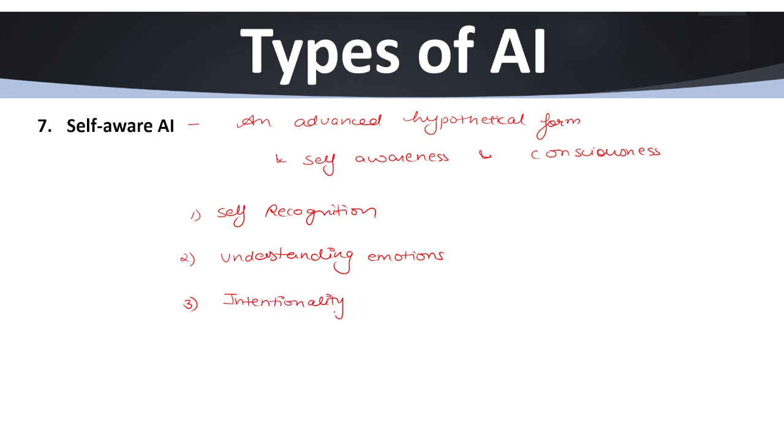It includes the ability to set goals, to make plans, and understand the consequences of actions based on its self knowledge. Another is, we can say, learning from experiences.